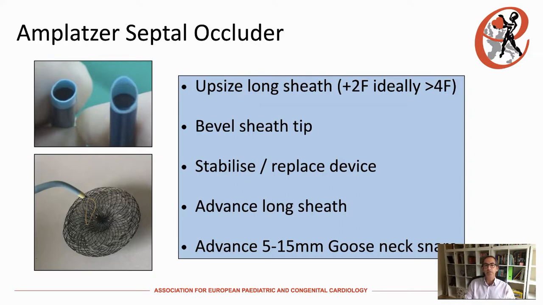Once upsized, the long sheath can be advanced as close as possible to the embolized device. Then advance a 5 to 25 millimeter gooseneck catheter as close as possible to the micro screw. Replacing the snare catheter for a same French JR catheter, like in the inferior picture, is often helpful, as the distal shape of the JR catheter gives you more chances of engaging the micro screw.